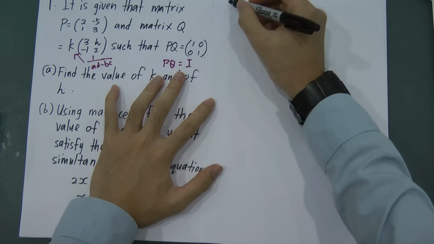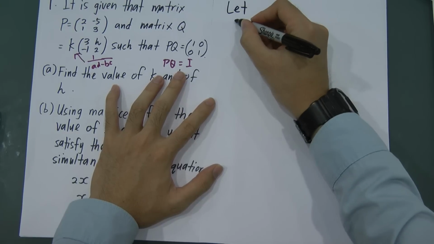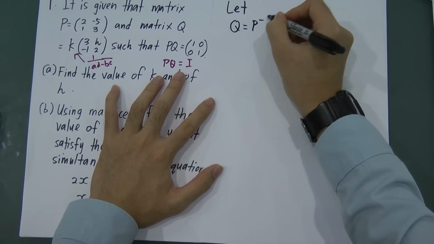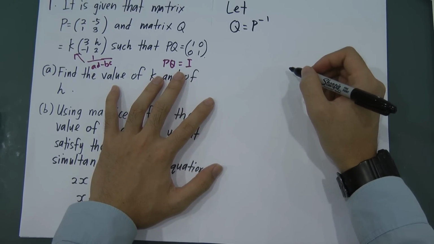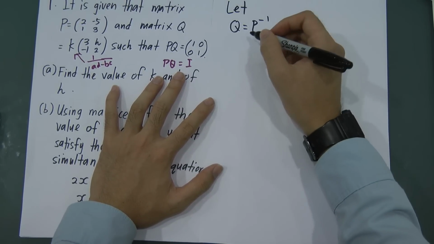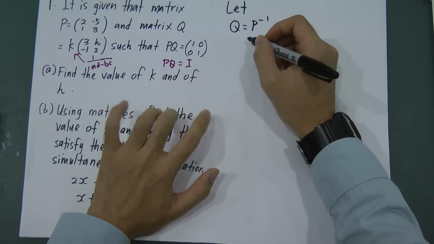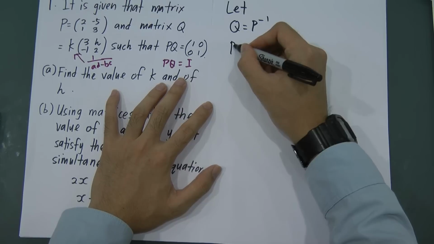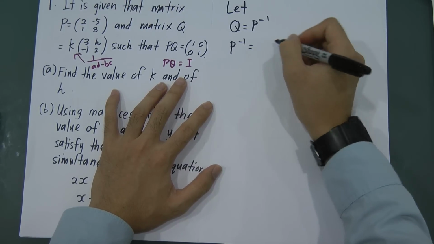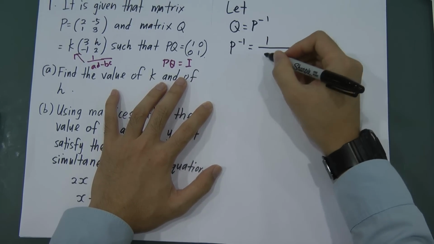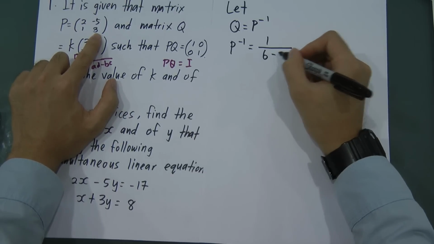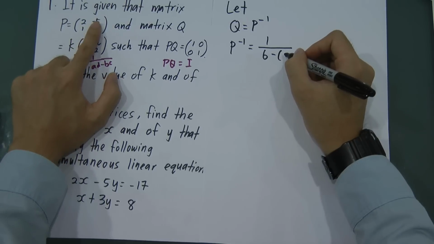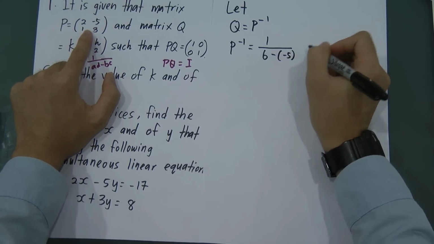Let Q equal to P inverse. So what I'm going to do is P inverse. P inverse will equal to 1 over AD, AD is 2 multiply 3 is 6, minus BC, minus negative 5.